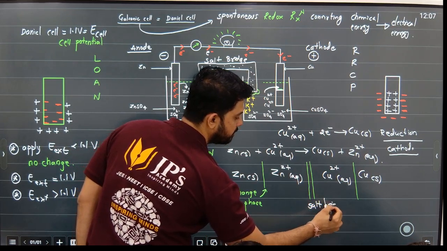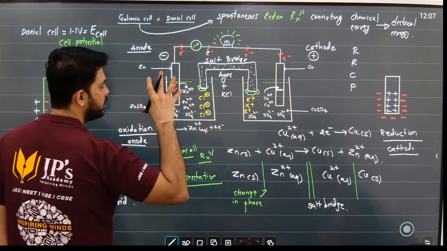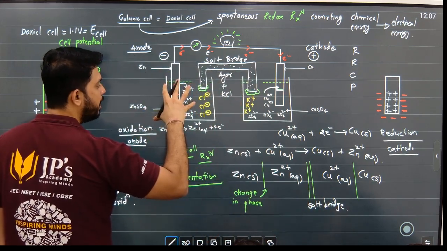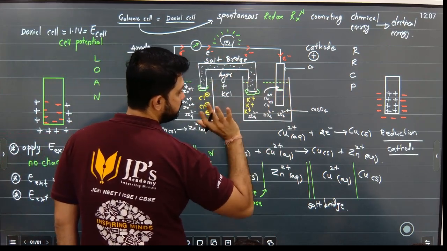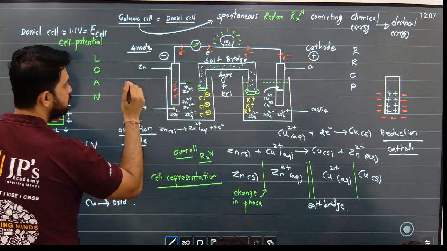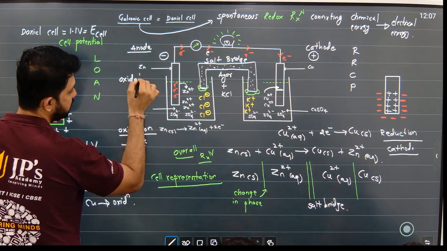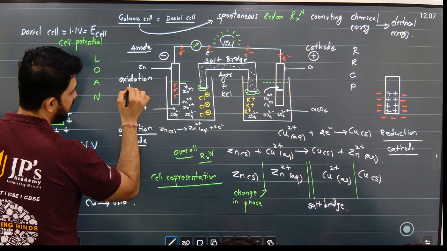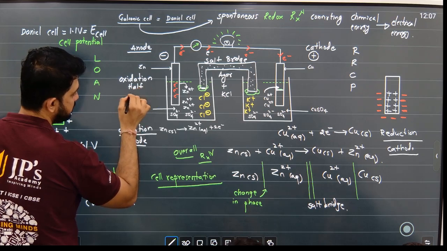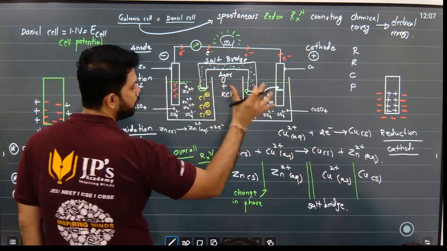It not only represents a salt bridge, it also represents that the anode part is connected to the cathode part. The left part is also called the oxidation half cell. So what will you call the cathode part?